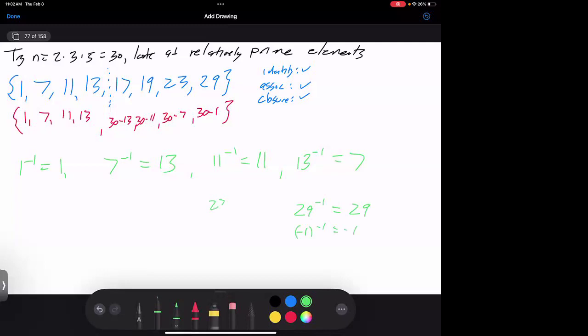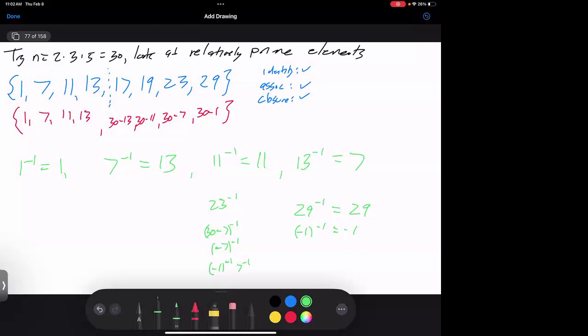Now I need 23 inverse. This is the same as 30 minus 7 inverse, or it's really the same as -7 inverse, or -1 inverse times 7 inverse. What's the inverse of 7? 13. The inverse of -1 is -1. So it should just be -13.